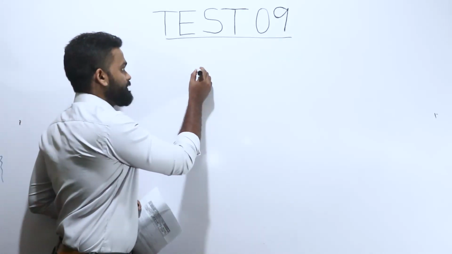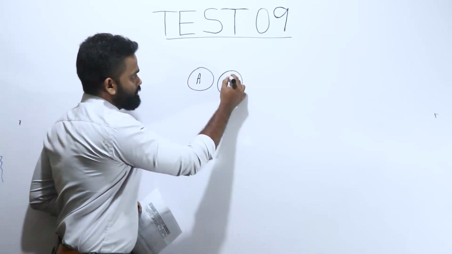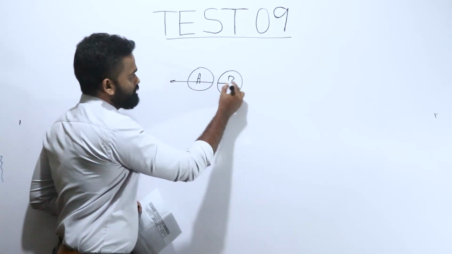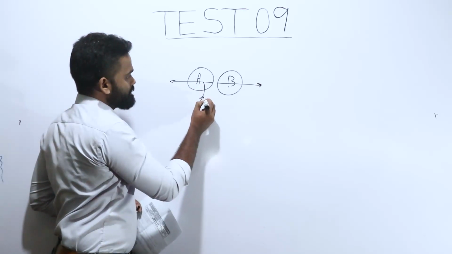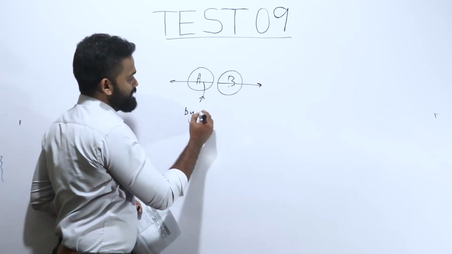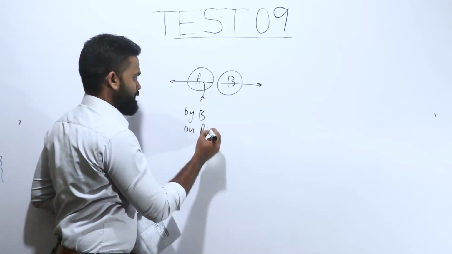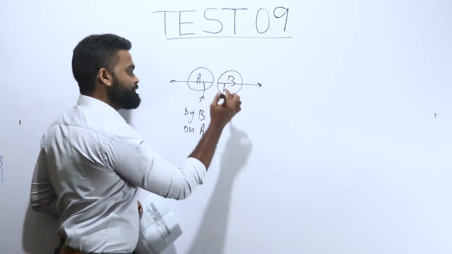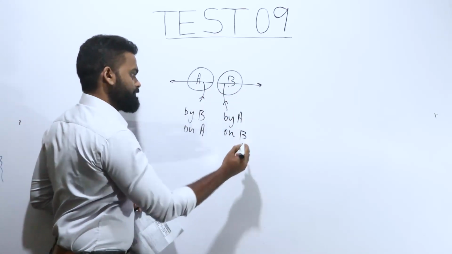So if you take two objects, let's say object A and object B, when they are in contact, this force is created by B on A. This force is created by A on B. So it is by A on B.